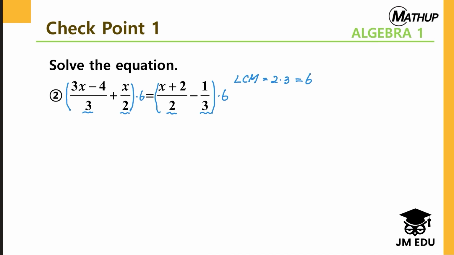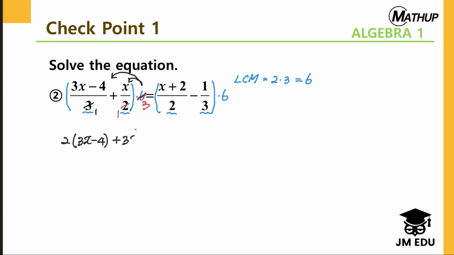So let's simplify this. 6 times this expression right here, 3 times 1 is 3, 3 times 2 is 6, right? So that's going to be 2 times 3x minus 4, right? And here, 6 times x over 2. 2 times 1 is 2, 2 times 3 is 6. So 3 times x, right?